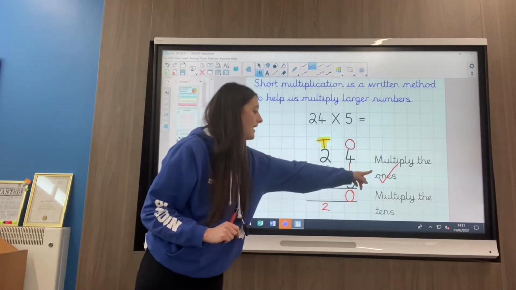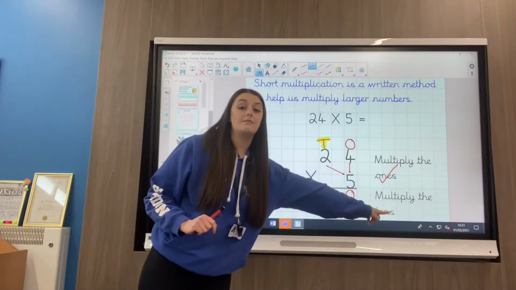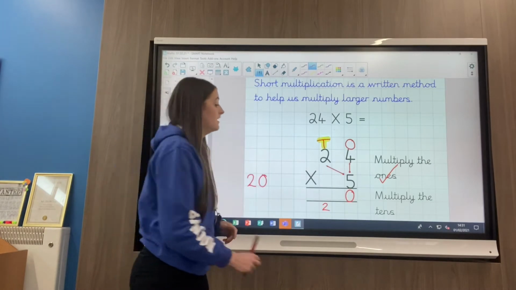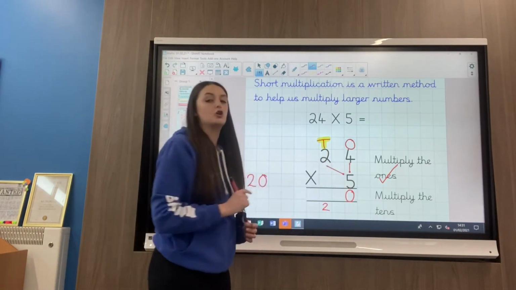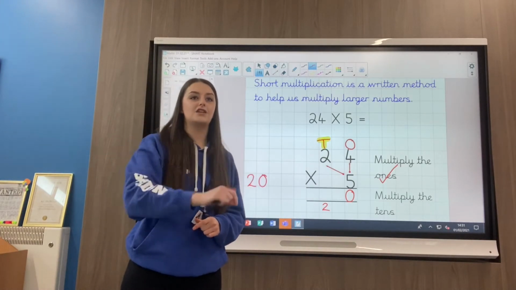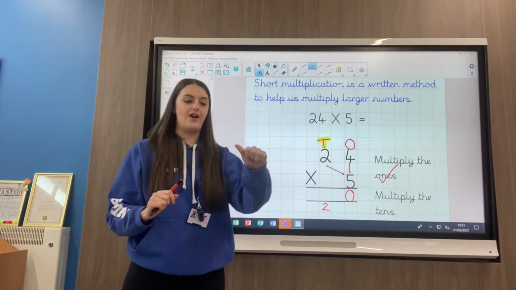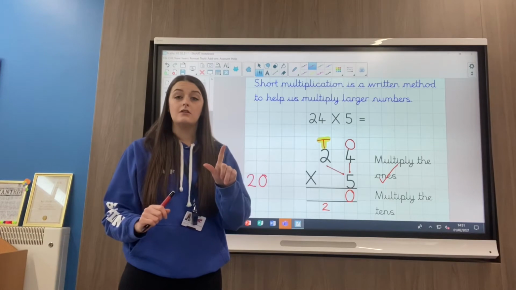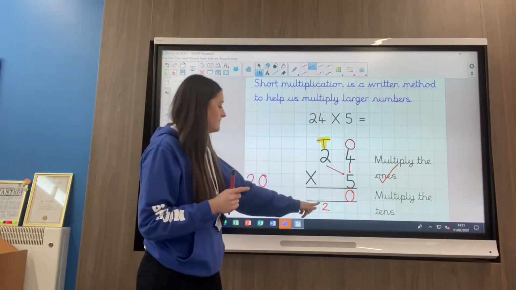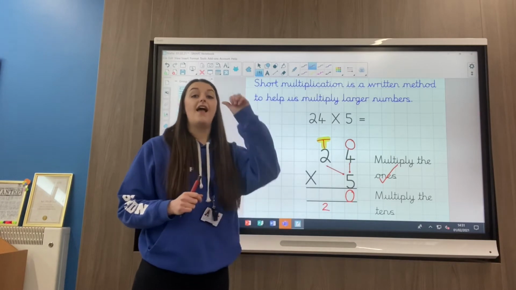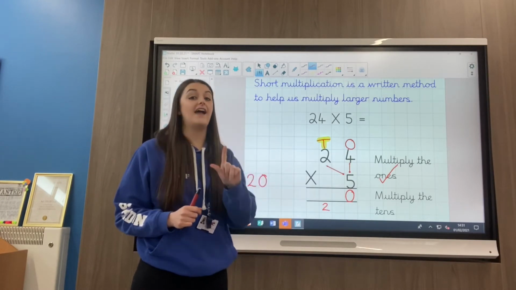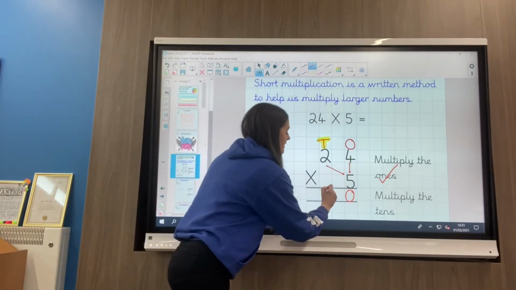Right, I've multiplied the ones, so now I'm going to multiply my tens. So I'm multiplying by 5, so 5 times 2 tens. 5 times 2, well that's 5, 10, so that's 10 tens. But I've got these 2 tens to add. So 10, 11, 12 tens. So there's my 2.